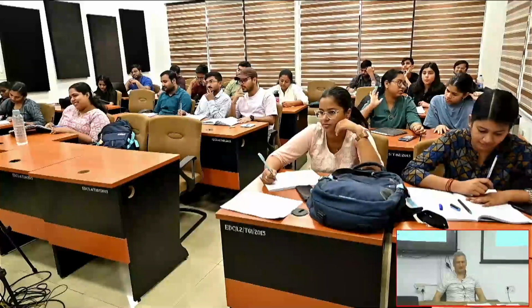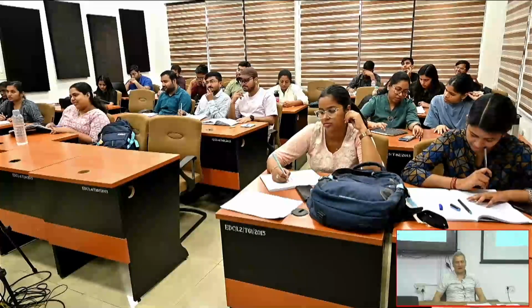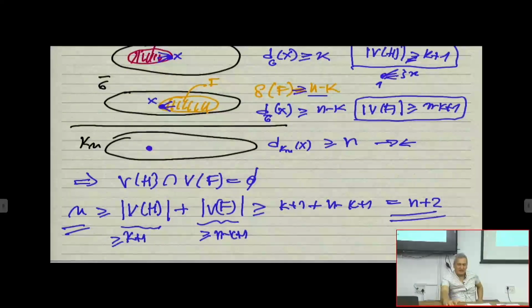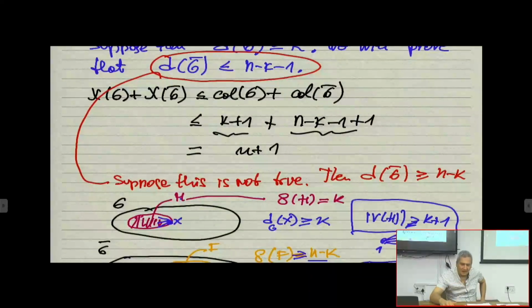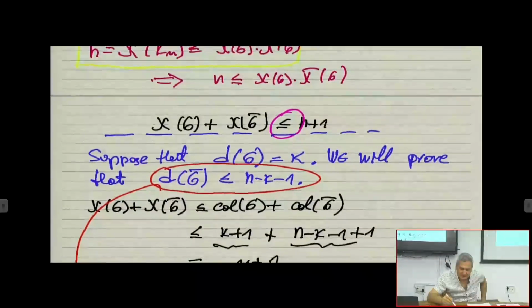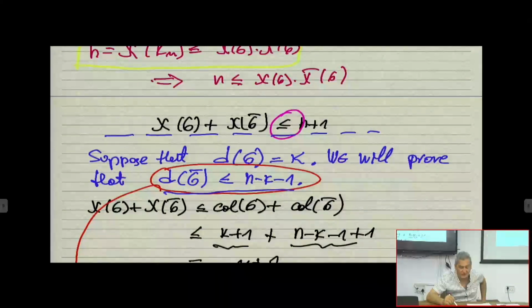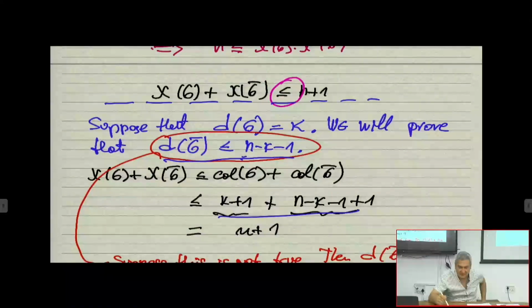So we get a contradiction: n cannot be bigger than or equal to n plus 2. This means it's not possible to have the genericity of G complement bigger than or equal to n minus k. So this holds, and then we apply this, and we get that. Okay, this is one thing I wanted to say.